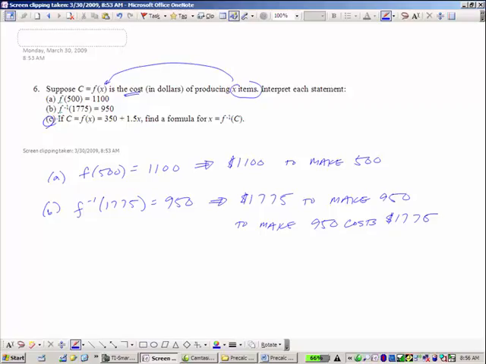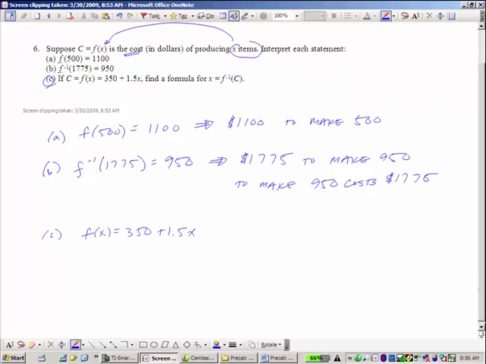And then someone can talk us through how to find the inverse function. Keith, you want to start us?